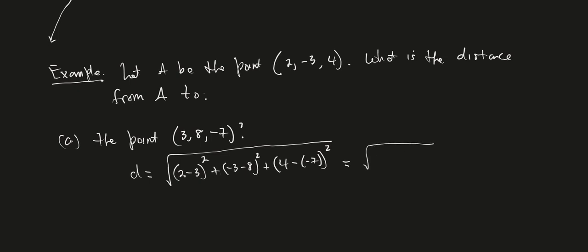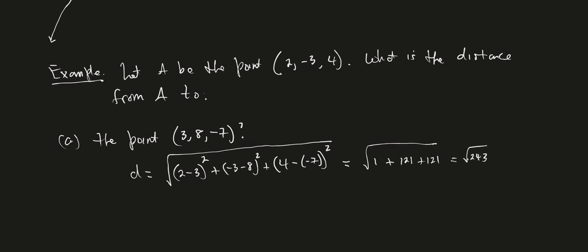So this is negative 1 squared, which is a positive 1, plus a negative 11 squared, which is a positive 121, and then a positive 11 squared, which again is 121. So 121 plus 121 is 242, plus another one, so that's the square root of 243.